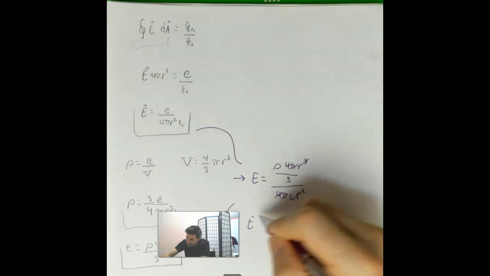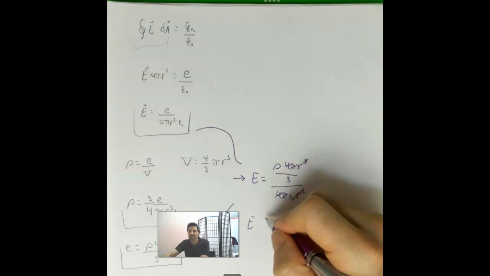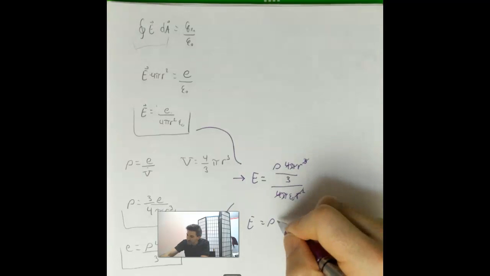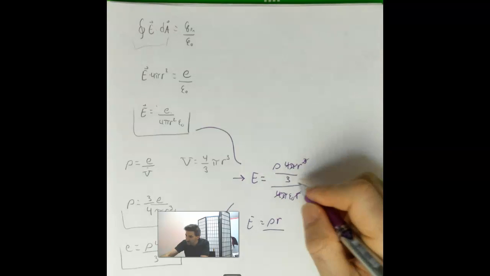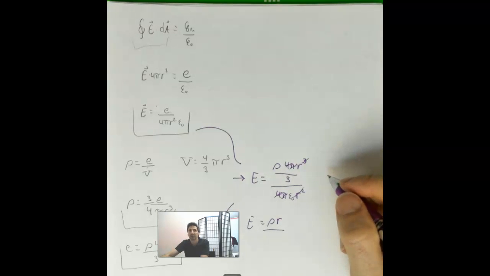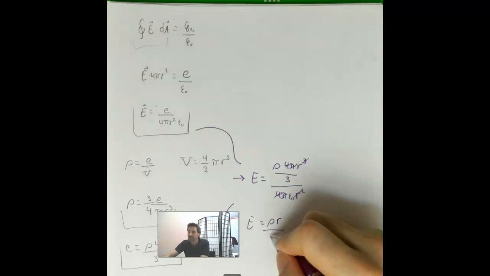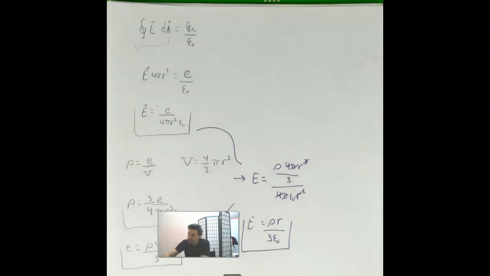So we should get an electric field equal to rho times r, like density times r, over 3 epsilon 0. So that is my electric field.